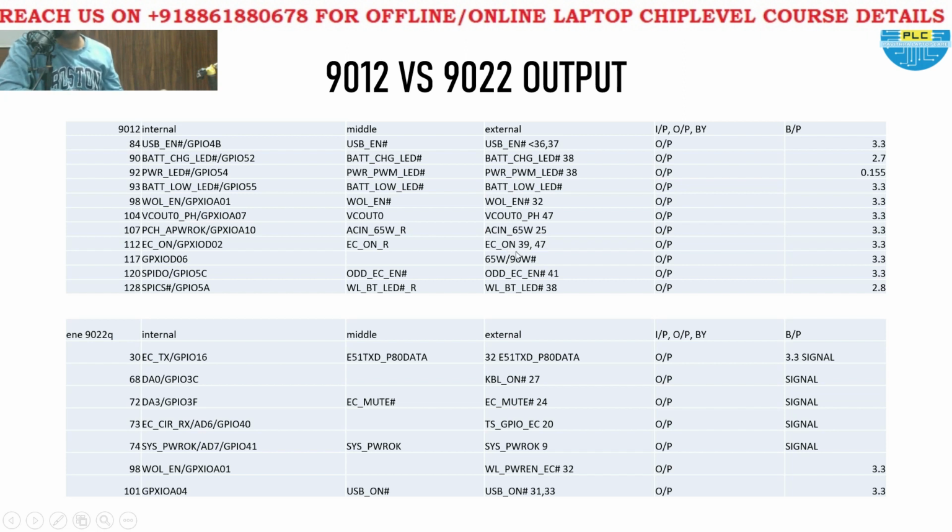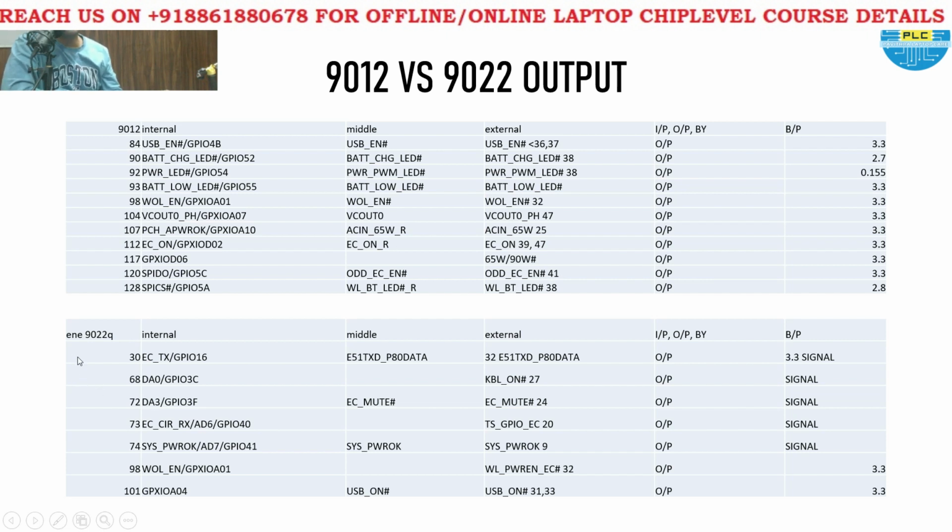EC on is the output here. Once you plug in the supply, EC on will be generated before pressing the power button in this particular motherboard. The 65 watt and 90 watt information is also there, ODD enable, WL Bluetooth enable.